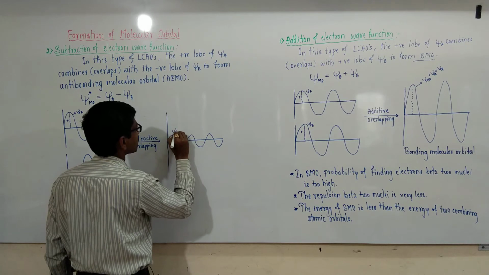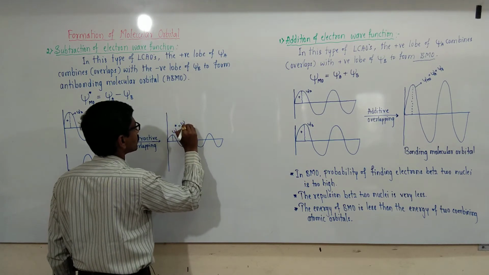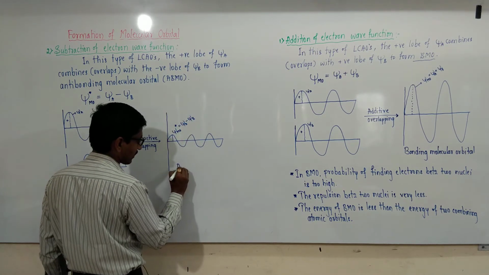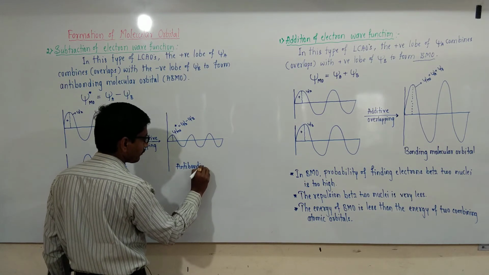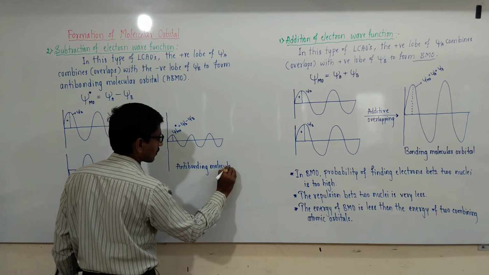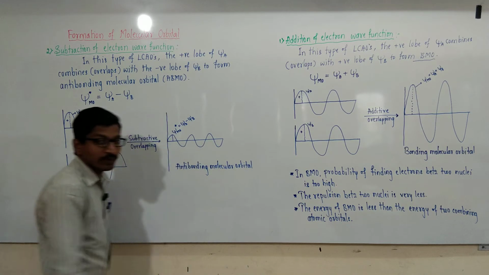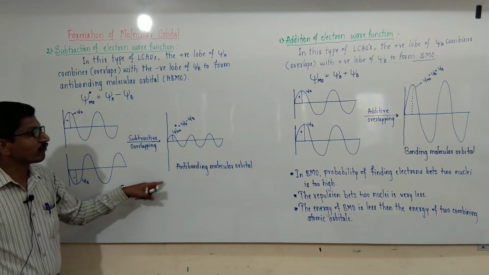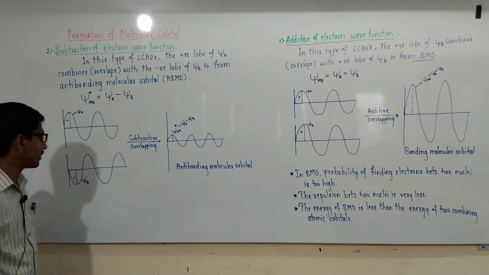This is psi MO star, equal to psi A minus psi B. Anti-bonding molecular orbital is formed by subtraction of electron wave function. When electron wave functions are subtracted, anti-bonding molecular orbital is formed.